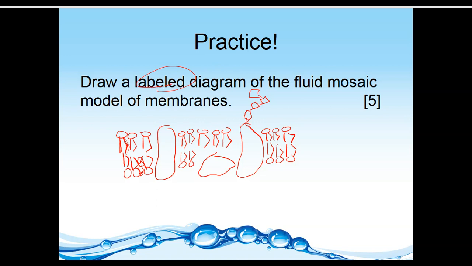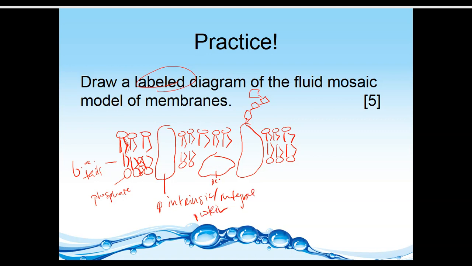Since it asks for a labeled diagram, we need to label. I'm going to call this a phosphate head. Fatty acid tails. Don't abbreviate when you do this for real, but you've been listening to me for a long time already, so I'm just going fast. But when you do this for real, don't abbreviate. Here we have an intrinsic or integral protein.